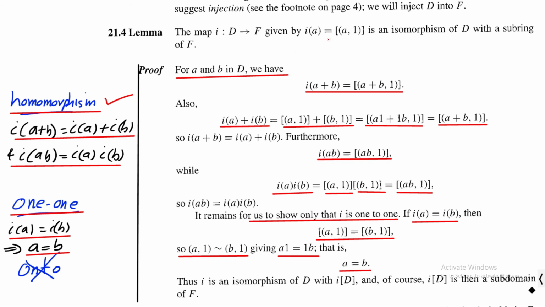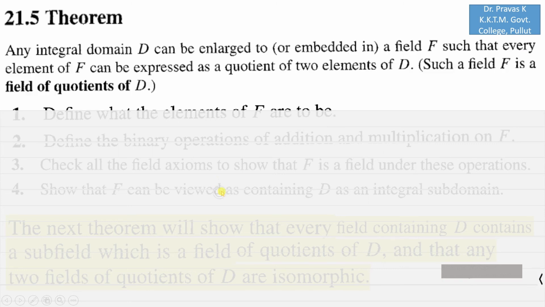So we finally proved that this I is an isomorphism of capital D with a subring of capital F. So this shows that capital D is contained in capital F.